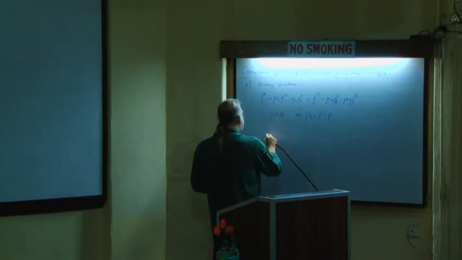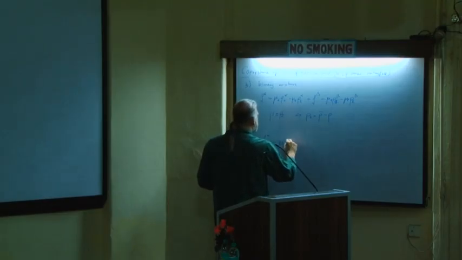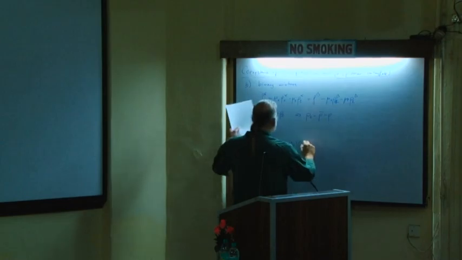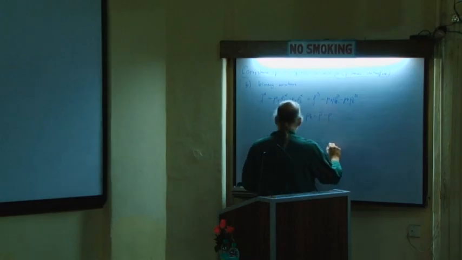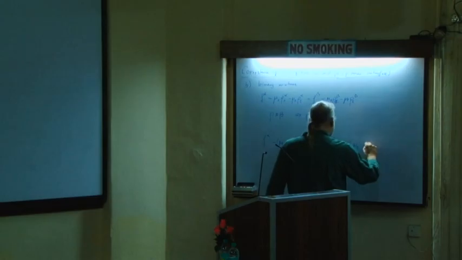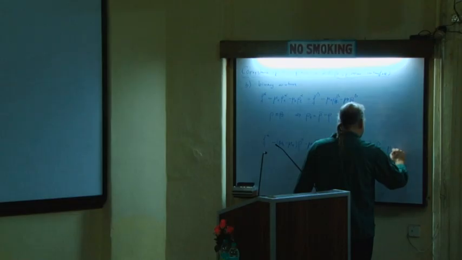I get F alpha minus mu2 minus mu1 rho, and then I have left here minus mu1 rho bar is equal to, and all this taken at the alpha phase, equal to F beta minus mu2 minus mu1 rho beta minus mu1 rho bar.